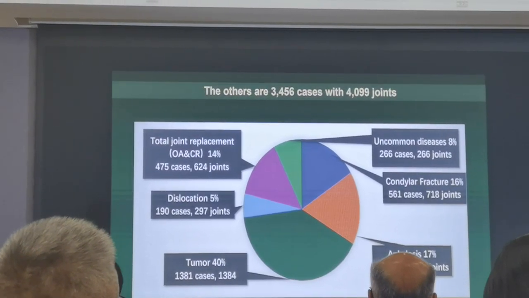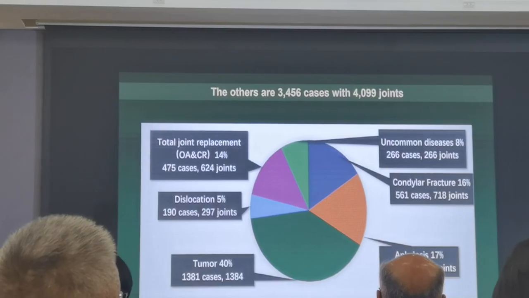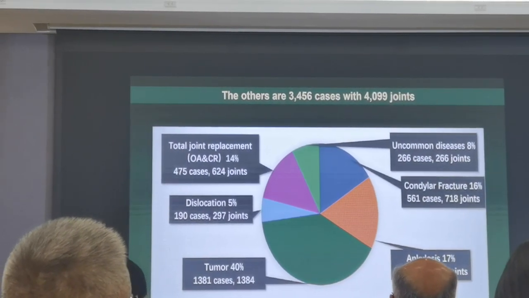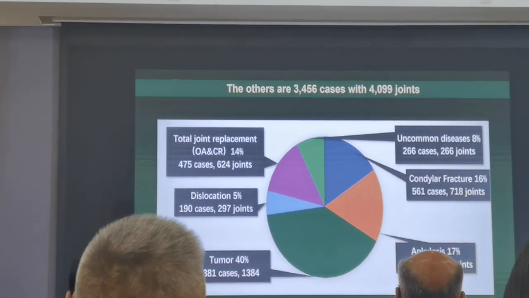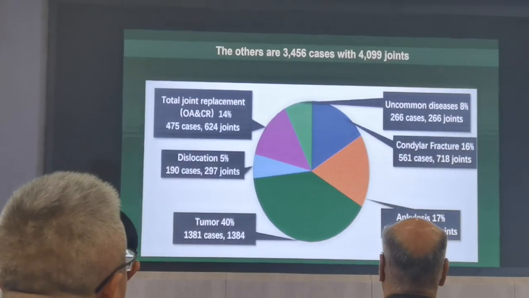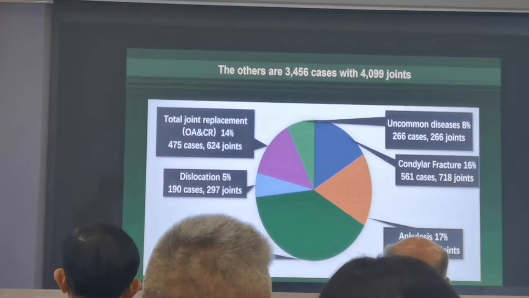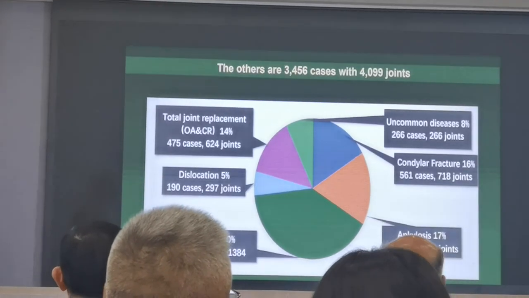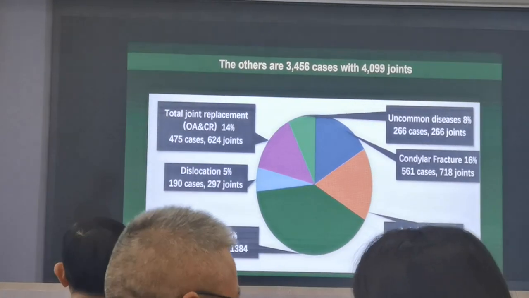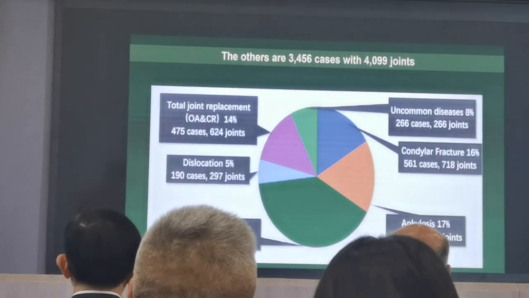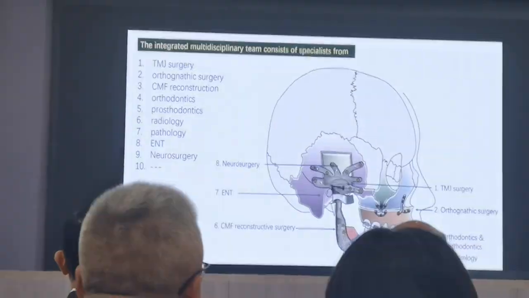And the other movement is 4,000 joints, including total joint replacement, and severe osteoarthritis, and condylar reduction, and the dislocation, and the tumor. We have a huge number of tumor cases here. And the ankylosis, condylar fracture, and rare diseases.